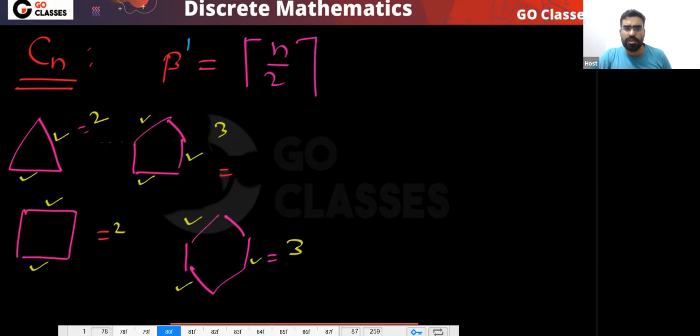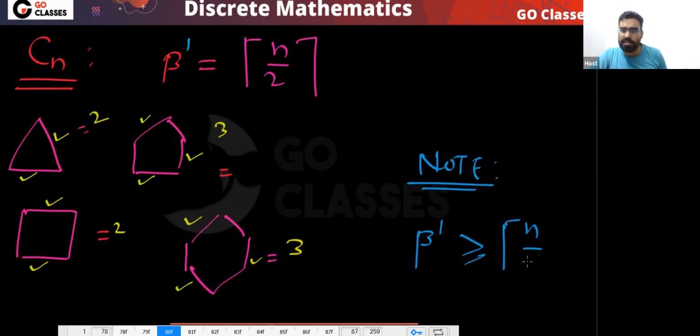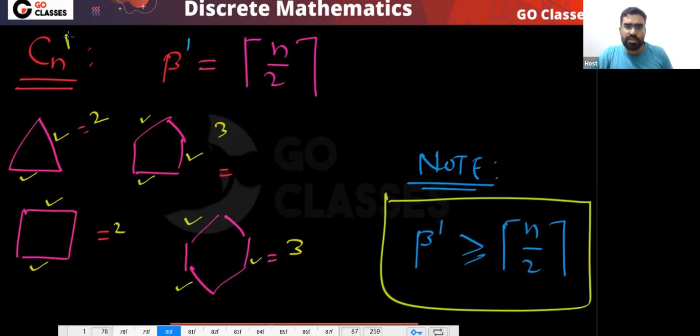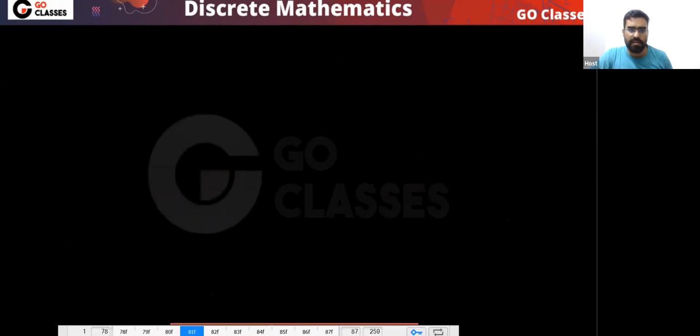Yes or no? Because we already know that beta dash is always greater than or equal to ceil of n by 2, and for Cn this will be equal. Only this is enough. Is this clear? Does anyone have any doubt? Did you understand vertex cover and edge cover? We have taken many examples.